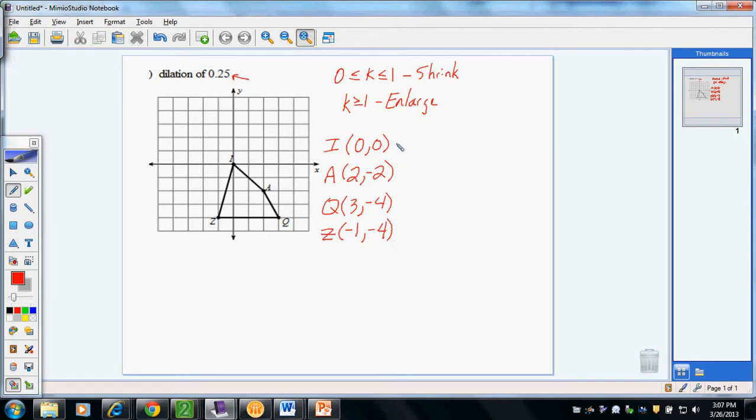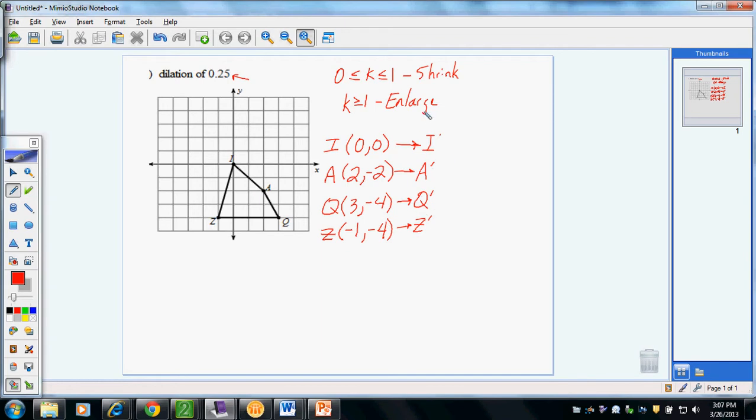Now, we understand that this arrow right here is the indication for a transformation, and we're moving from our pre-image of I to our image of I prime. So we're moving from our pre-image of A to our image of A prime, and Q prime, and Z prime.